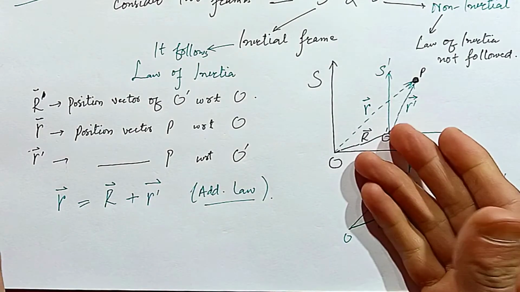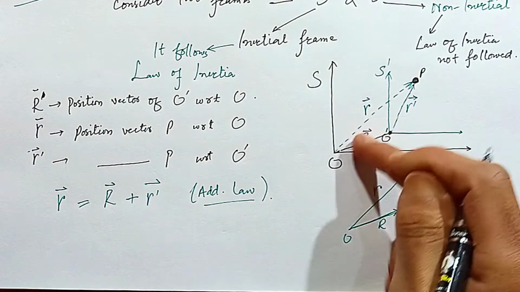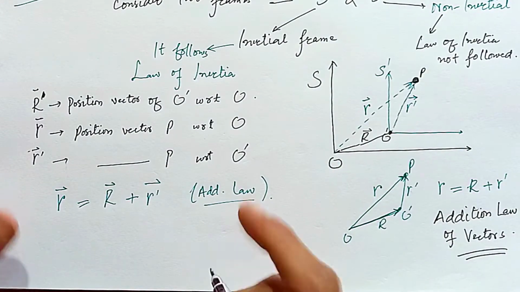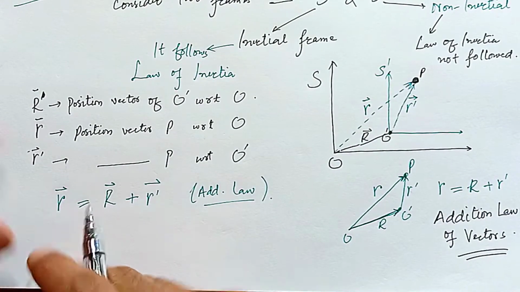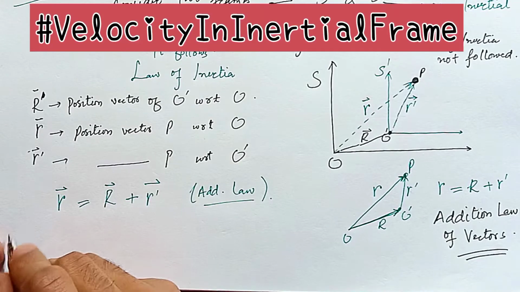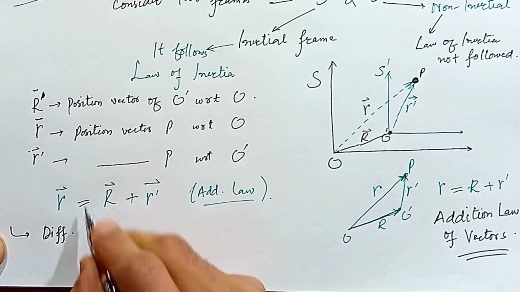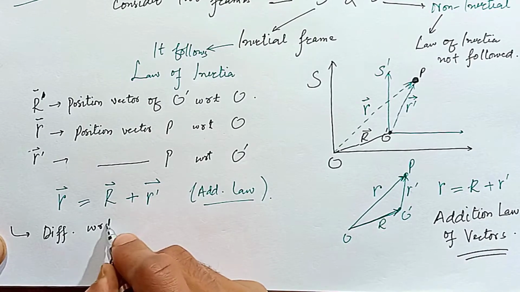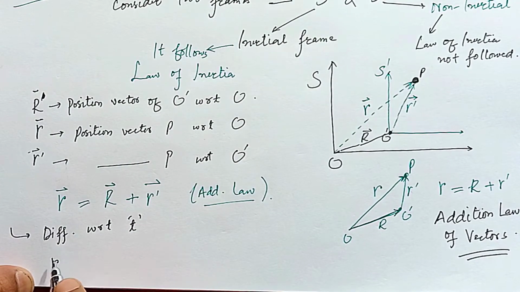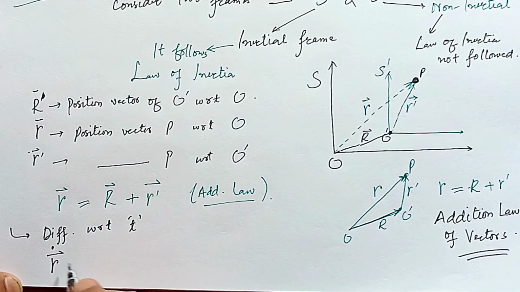To get that acceleration, we know the acceleration is the double differentiation of the position vector. So with respect to this O, the inertial frame of reference, we will calculate the acceleration of this body, and for that we have to differentiate twice with respect to time. First, differentiating this equation with respect to time, we get the position vector differentiated, that means R dot.